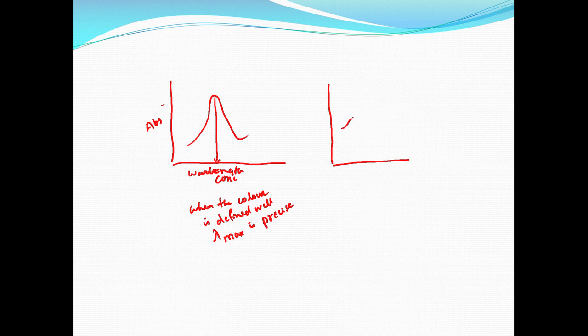Now suppose the figure is something like this. You do not know whether to choose this peak or this peak or this peak, and whether the difference between this and this could be instrument noise. We do not know. In such cases the spectrum is so vague that it is very difficult for us to decide where the lambda max is.